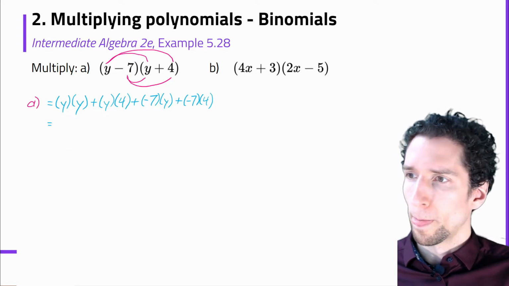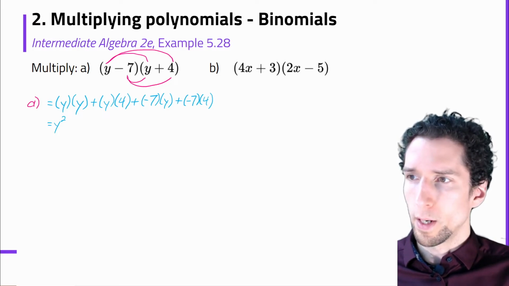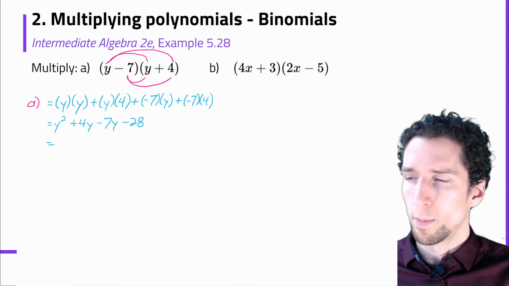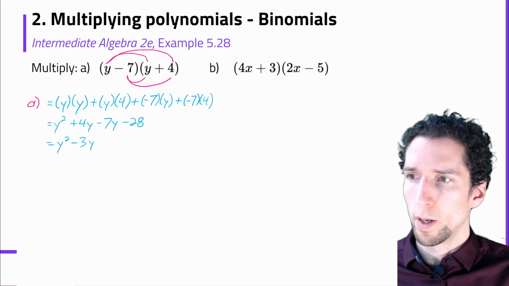There we go. So y squared, simplify or multiply all these out. Y squared plus 4y minus 7y minus 28. And we can simplify a little bit here. Y squared minus 3y minus 28.